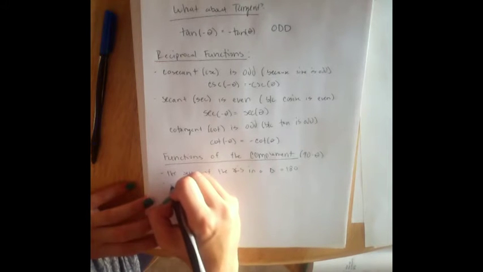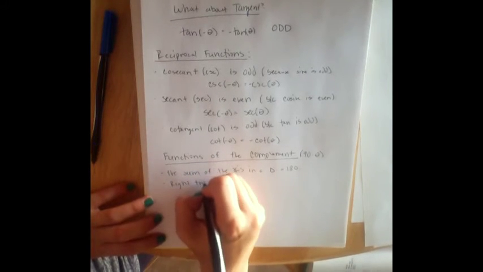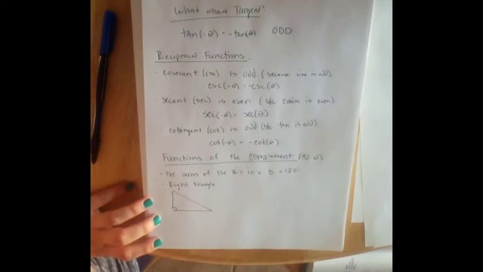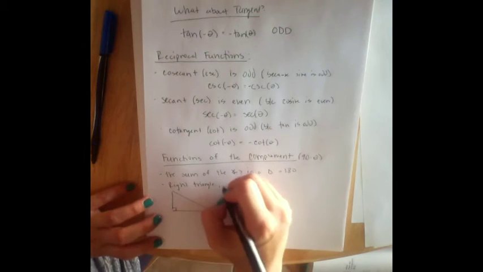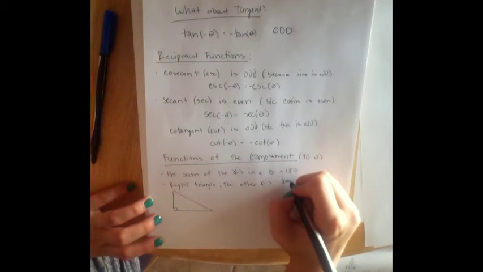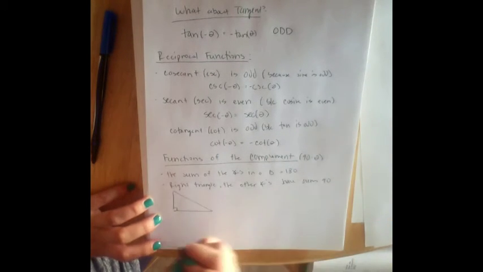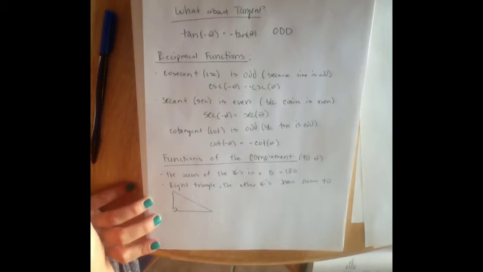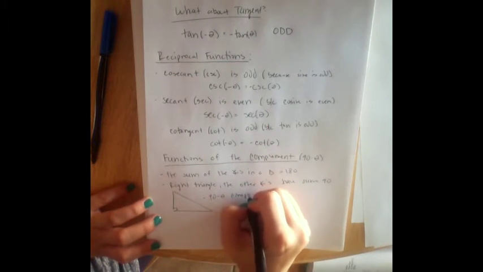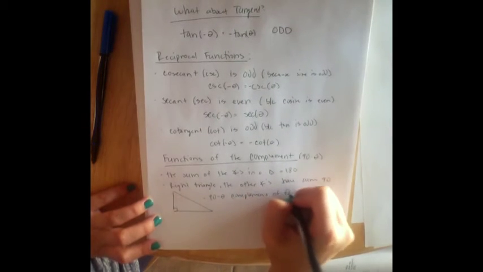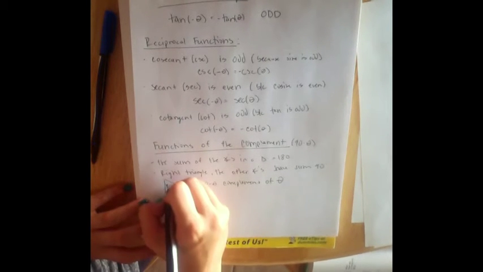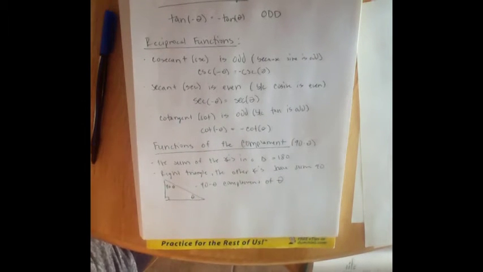What if we have a right triangle? Obviously, one of our angles is a right angle, so the other angles have a sum of 90. That's where we get 90 minus theta is our complement of theta. So if I said this was theta, this angle is 90 minus theta.